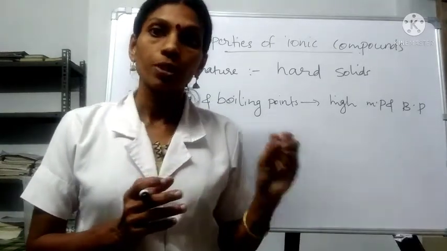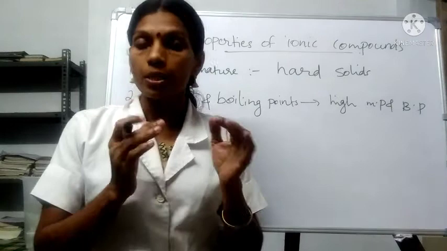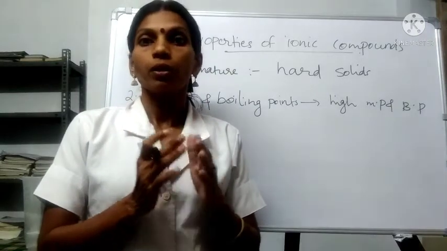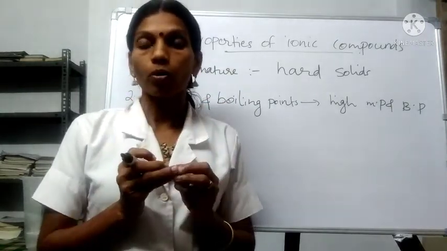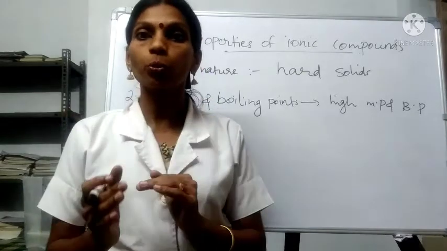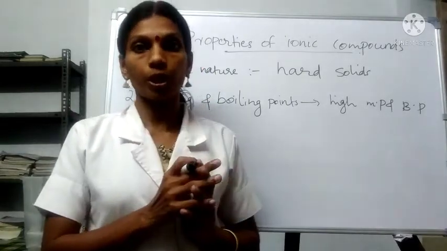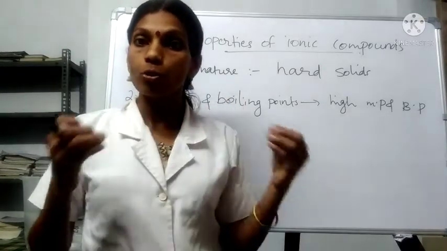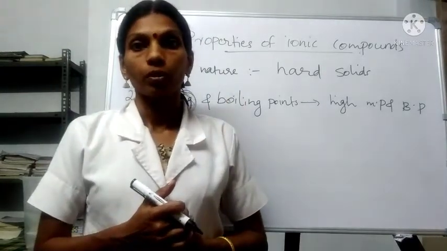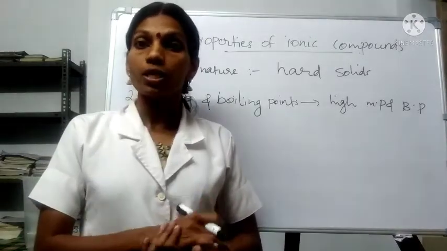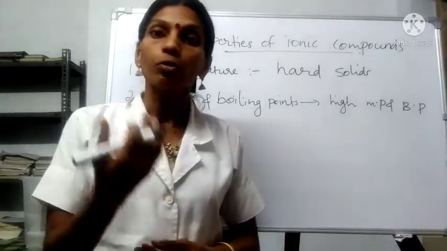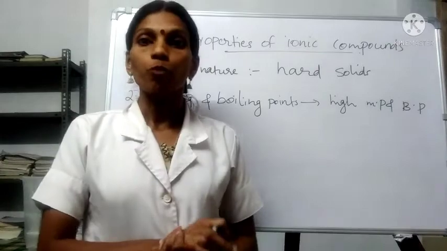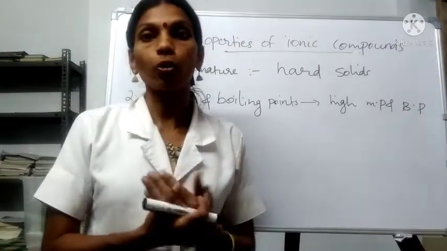Here in the case of this ionic compounds, since there is a strong force of attraction, to melt that ionic compound or to change that solid into liquid, we have to break that force of attraction. Then only that force will break and these ions will move. And since that force of attraction is very strong, we need more energy to break that force of attraction, or we have to heat for a long time.